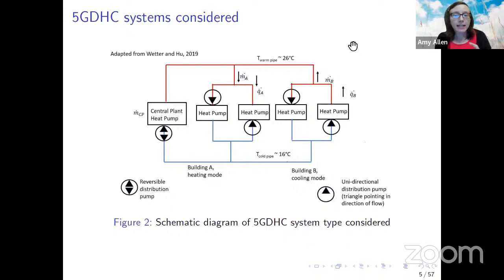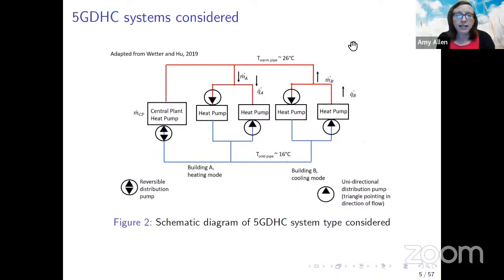It depicts a fifth generation district heating and cooling system configured with a two-pipe network consisting of a warm pipe operating at around 26 degrees Celsius and a cold pipe at around 16 degrees Celsius, using water as the working fluid, and with the main loop conditioned by a centralized ground source heat pump to temper the water and keep it within this temperature range.